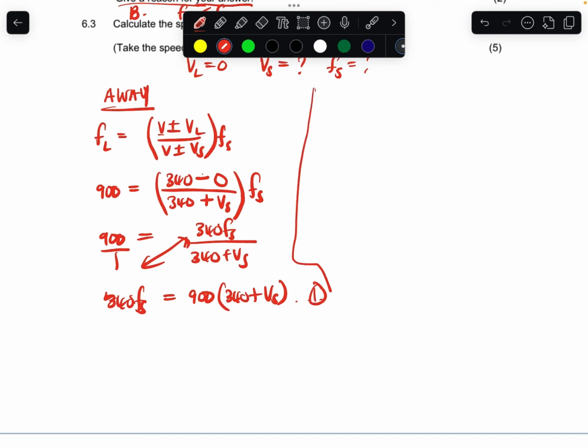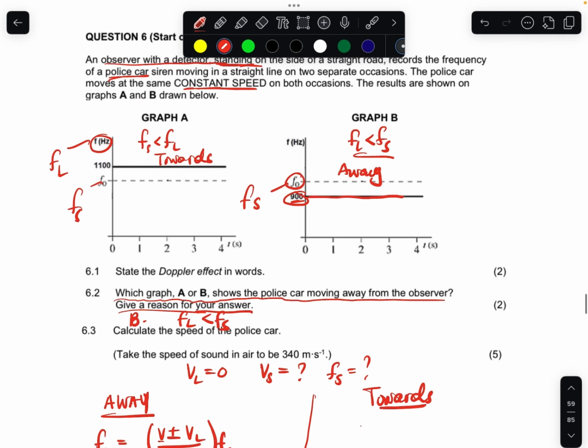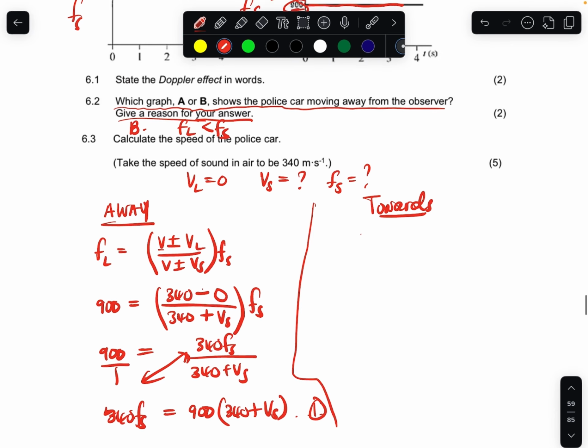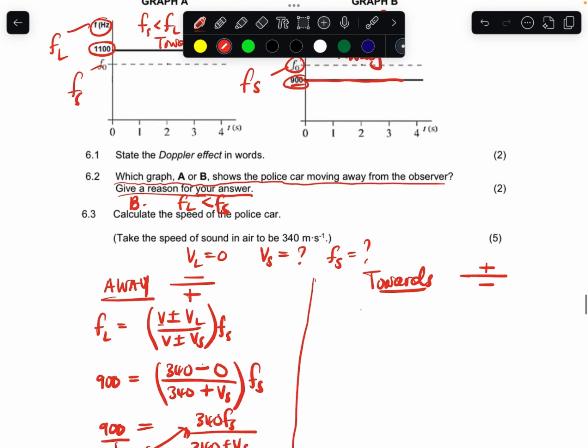Let's do equation 2 here, for the towards case. So we're just going to substitute now. The away case, we know, is a negative divided by the positive. Here it's going to be a positive divided by the negative. We know the frequency of the listener, it's 1100.